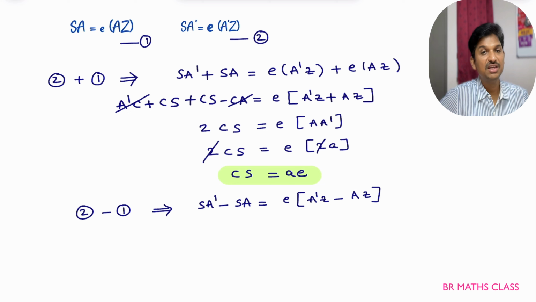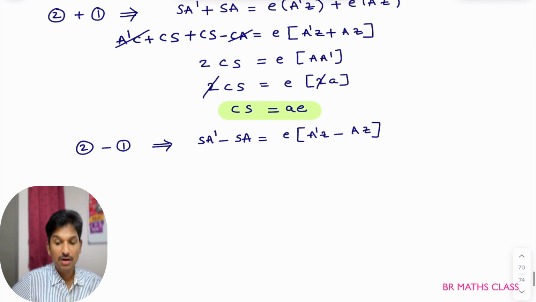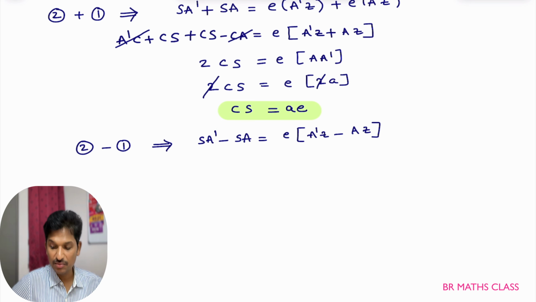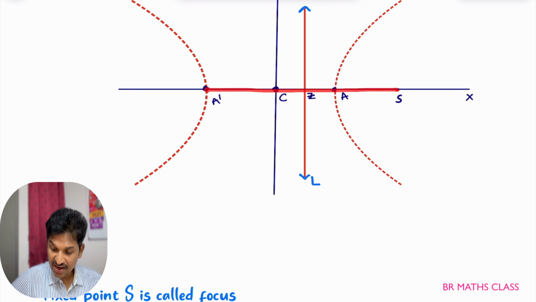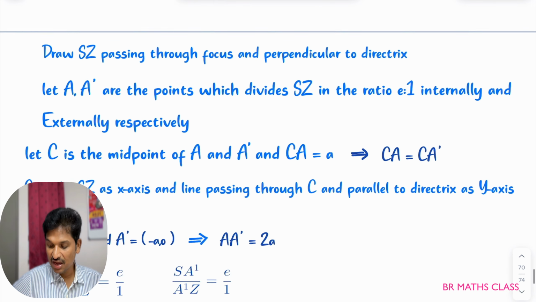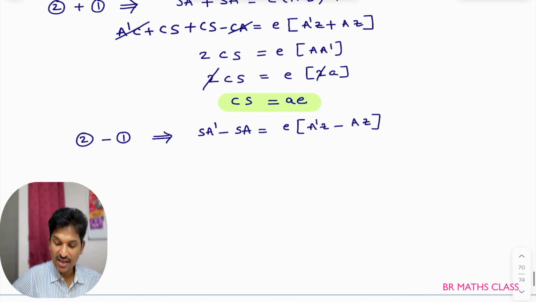From the diagram, SA dash minus SA is AA dash. It is clear. What is AA dash? AA dash is 2A. So the left hand side is 2A.